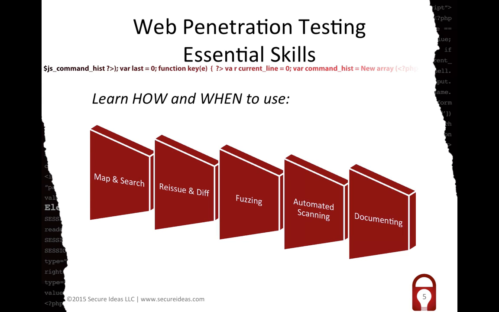Another one is the reissue and diff, is kind of how I've bundled it, and that's a set of skills around picking apart a single request and reissuing that several times with different changes to different pieces and seeing how that change in the input impacts the output. So what sort of response do we get back from the server when we change various parts of the request?